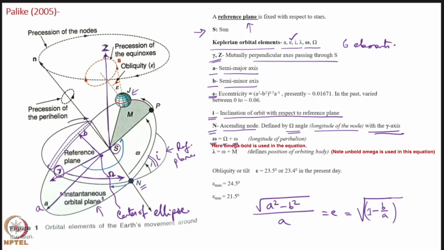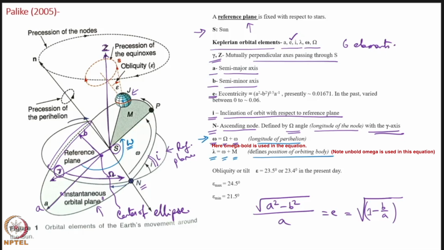That means this angle is bold omega, this one, and this is known as the longitude of perihelion. This omega is called the longitude of perihelion. Now, we define lambda is equal to omega plus M, and it defines the position of the orbiting body. Say this is the position M, and suppose the angle also is capital M, then the lambda angle that defines the position of the orbiting body is given by this omega plus M.